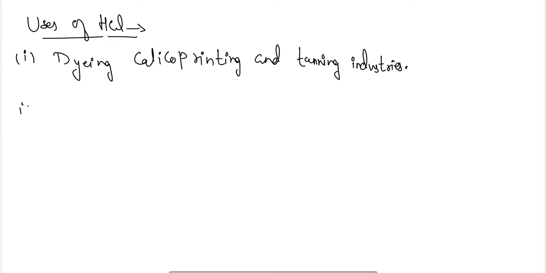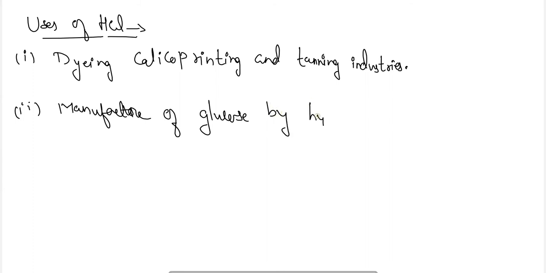Next, manufacture of glucose. HCl is used for manufacture of glucose by hydrolysis of starch.